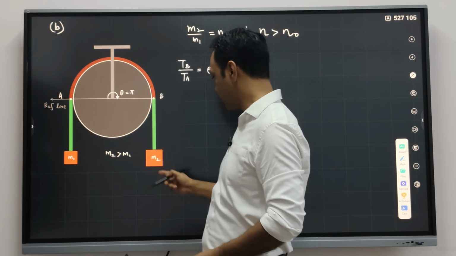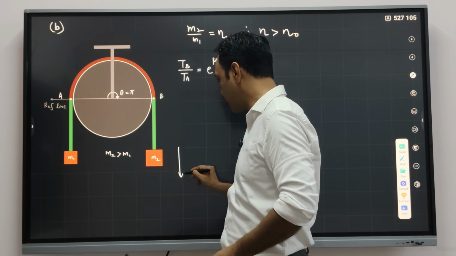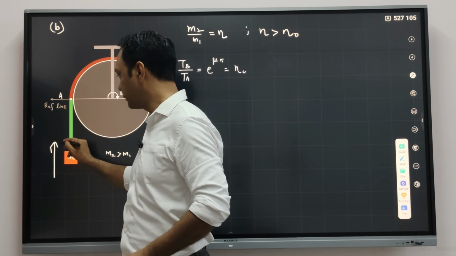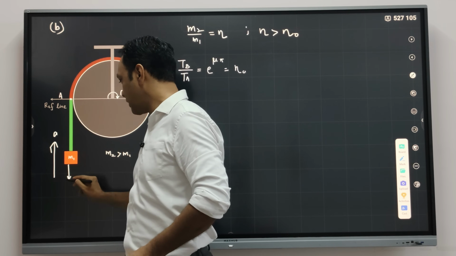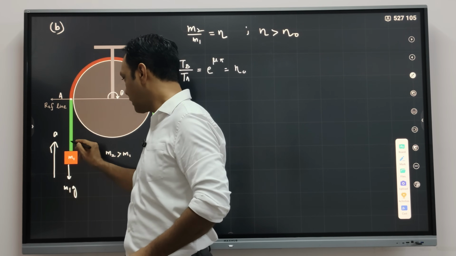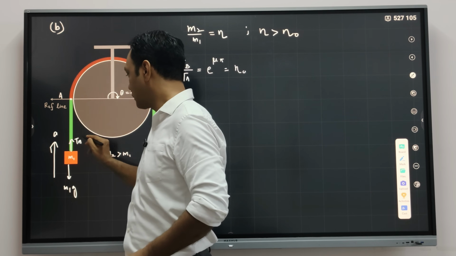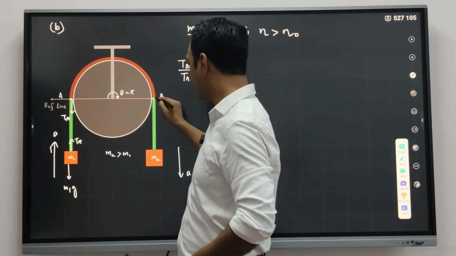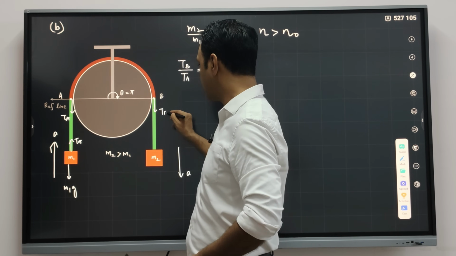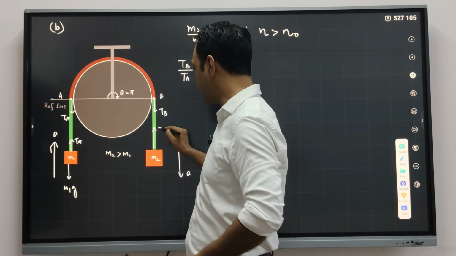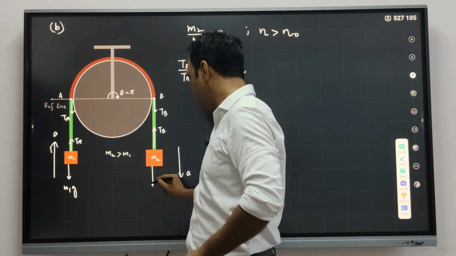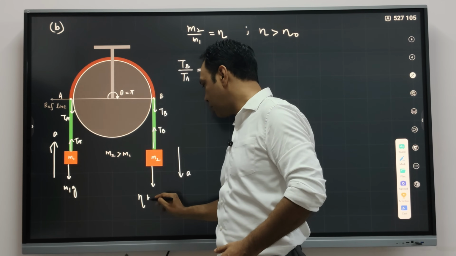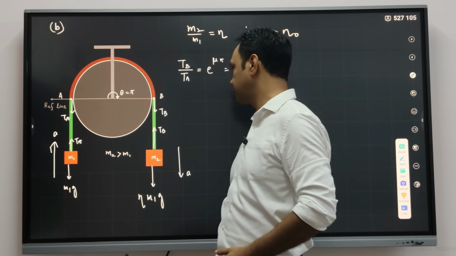Now this one is bigger, so it will go down with acceleration a, and this one will have acceleration a upward. Its weight is m1g. Here the tension is TA, here the tension is TB, and this weight is m2g. m2g I can write as eta m1g.